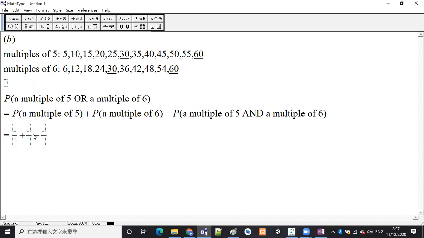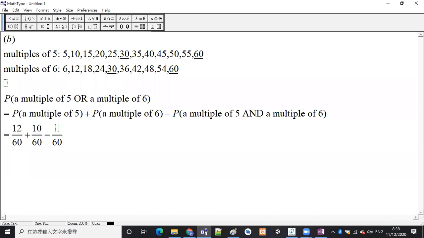Now let's go back to the expression. We have 3 fractions here, and each of them will have a denominator of 60 because we are selecting a number from the 60 options. The first fraction is how many of them are multiples of 5. We just count, so that should be 12. For the second fraction, how many multiples of 6 are there?